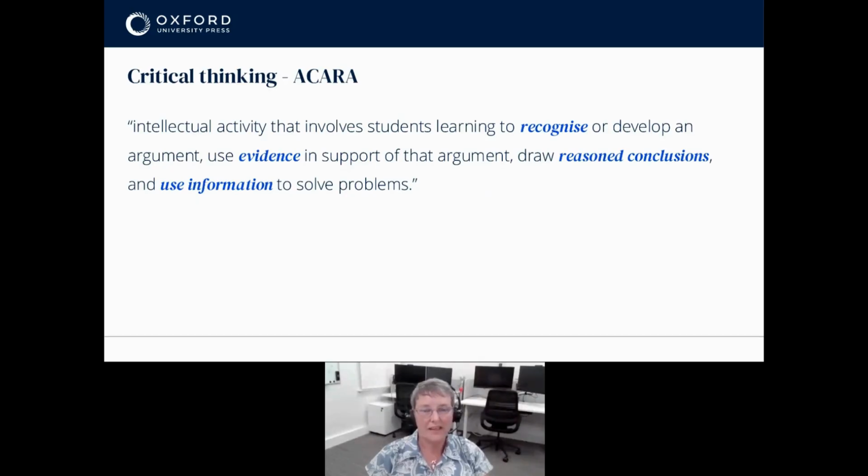Critical thinking is when students learn to recognise, so that observational aspect of it, using evidence in support of an argument, drawing reasoned conclusions, and using that information to act, to take action, to make a judgment, and to do something about it. But just because we can, should we? So we need to bring values into that as well. So you'll notice those 4 common themes coming through all the way through.